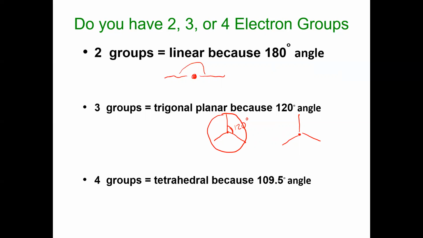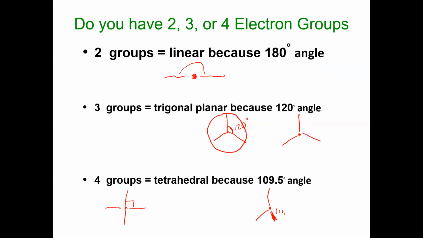With 4 groups, it's tetrahedral. So a lot of people might think, wait a second, 4 groups, wouldn't I have 2 there, forming a right angle? You think that because we're looking at the board as a flat plane, 2D. But remember, molecules are in 3 dimensions. There's not just an X and Y, there's a Z axis. So as a result, you get a molecule that can have things coming into the plane of the board and out of the plane of the board.